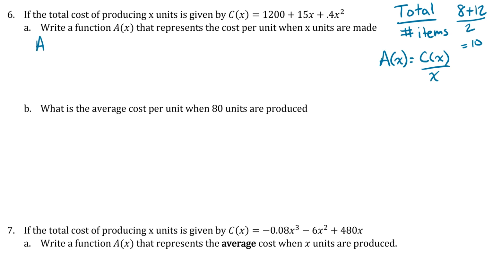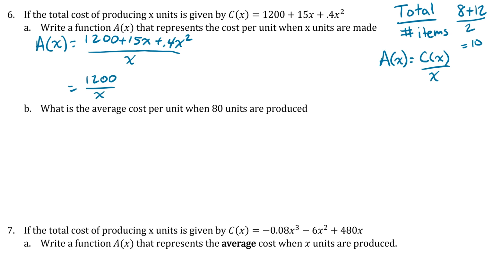All right, so let's go ahead and do that. So we have a of x equals c of x, which is the 1200 plus 15x plus 0.4x squared, and we divide that by x. We can go ahead and divide each one of these by x. So we have 1200 divided by x.